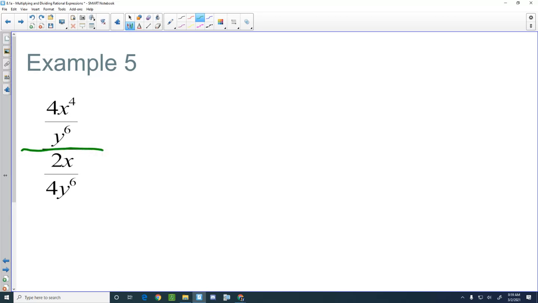So that's your division sign. So I'm going to leave that top fraction the same, the 4x to the 4th over y to the 6th. But here's where I'm making the change. I'm changing it to multiplication. And I'm taking this denominator fraction, and I'm flipping it right here. So the denominator of that red fraction is technically the 4y to the 6th.